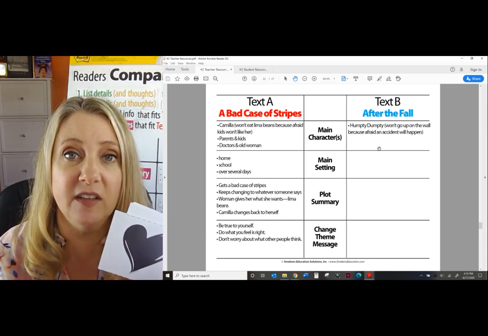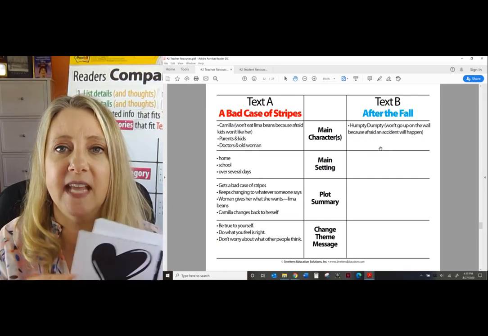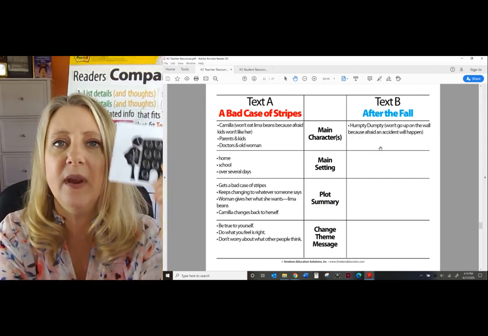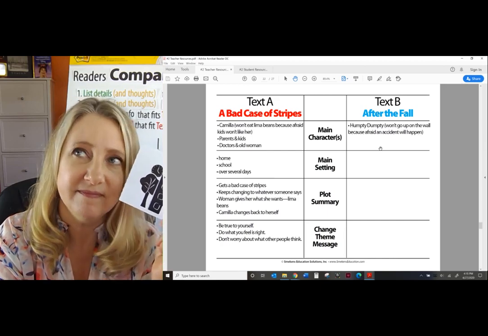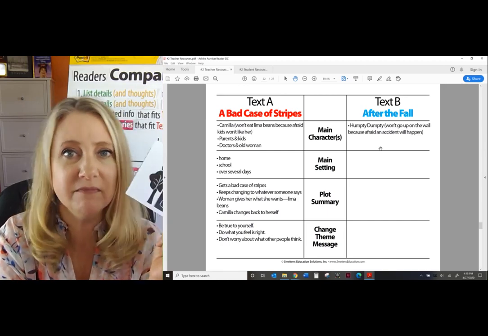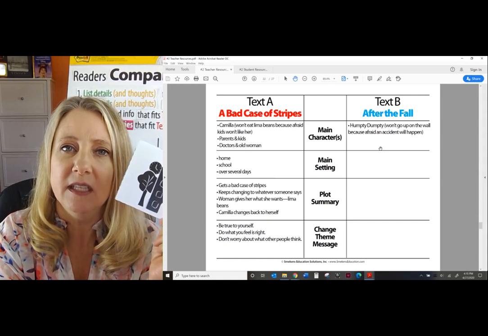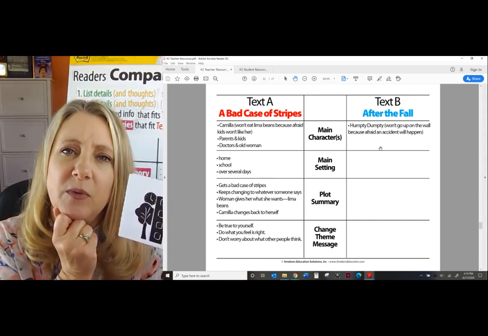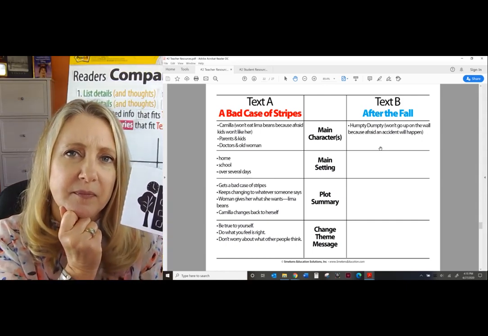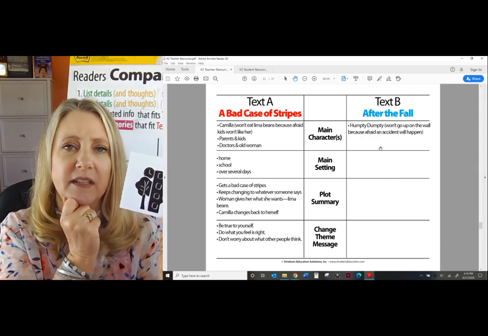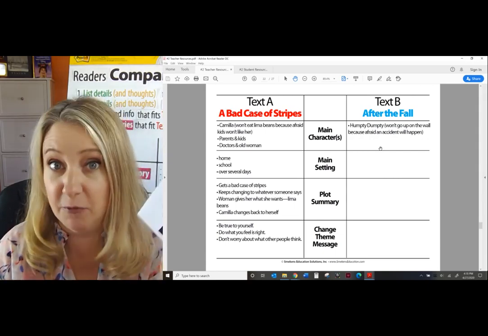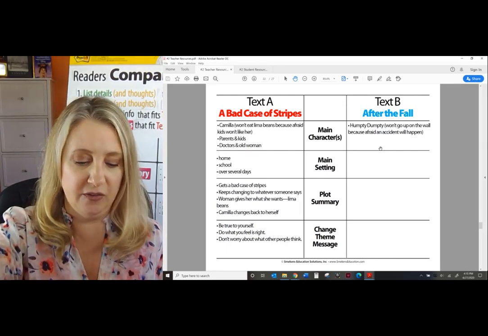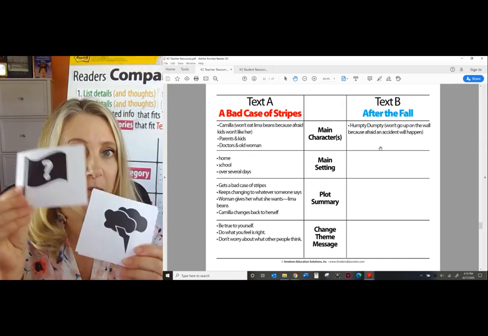You don't have to list a whole bunch. What about the setting? Where did this take place? Yeah, at home and his wall, right? What about time? Do we know any time? No, not really. Was it one day or several days? Several days? I agree.